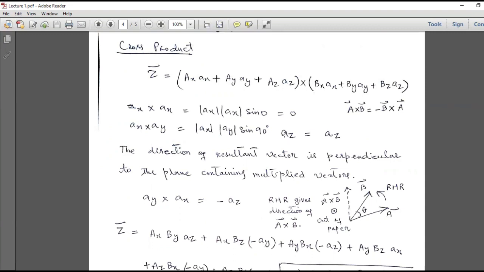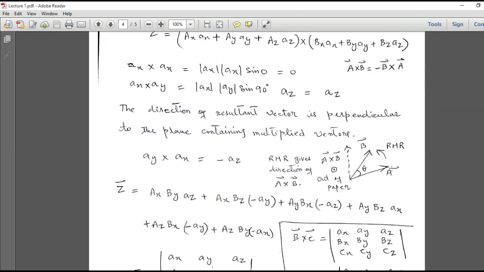And again we have to specify the unit vector, or the direction in which the resultant vector is oriented. So ax cross ay will be equal to az, and the cross product of two like unit vectors will be equal to 0.